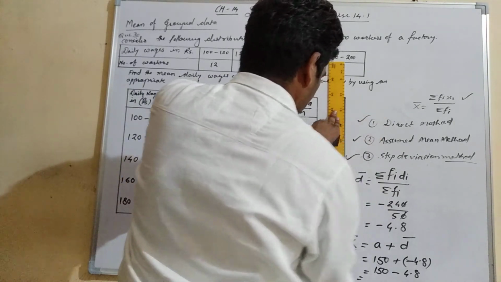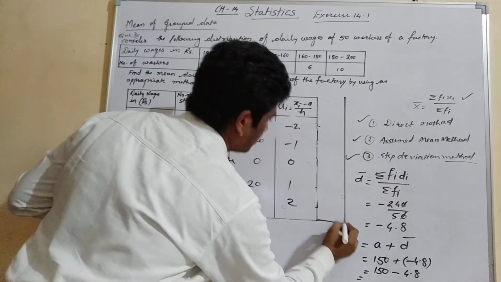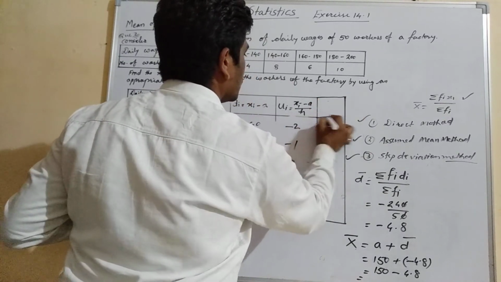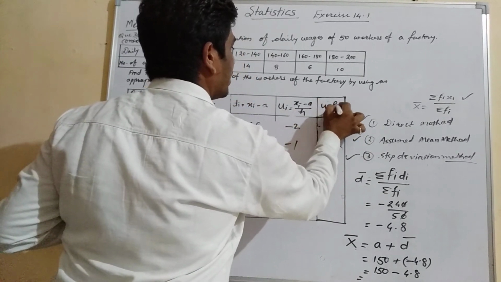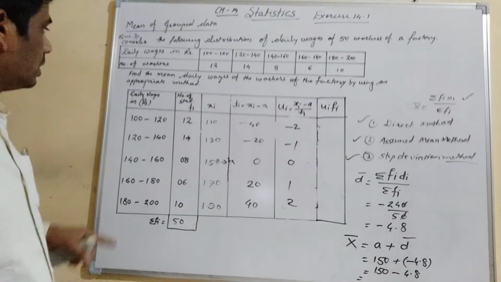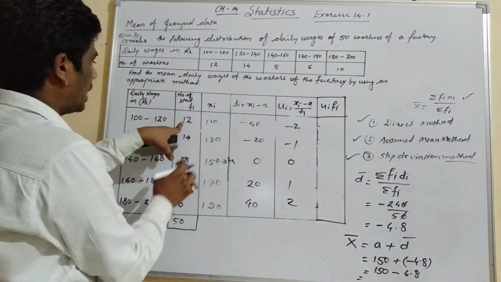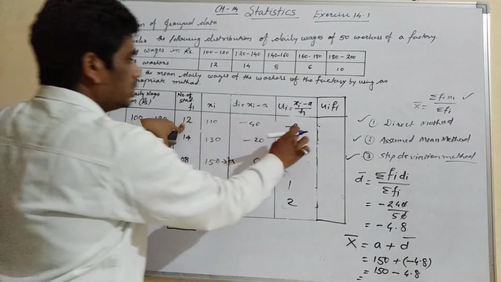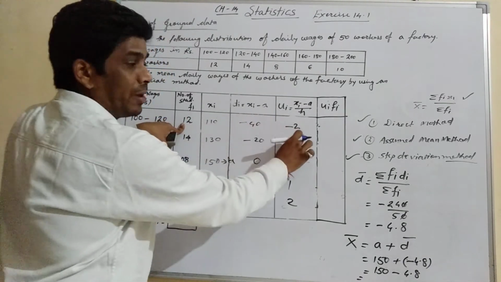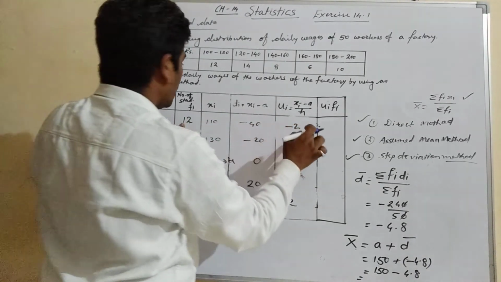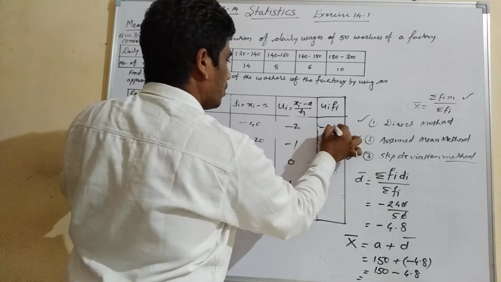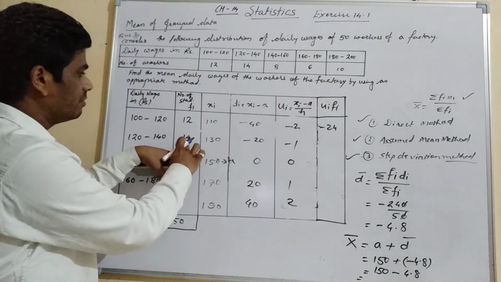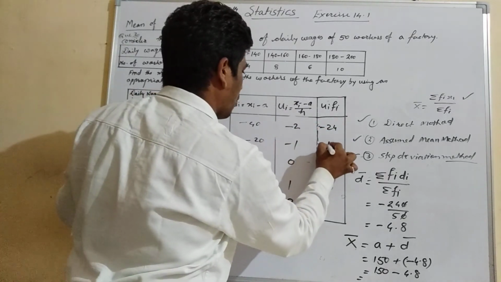Ui into fi. So here we will take the product: fi 12 into minus 2. Ui into fi you have to take. So 12 2s are 24, minus 24. Okay. Now 14 ones are 14, means minus 14.